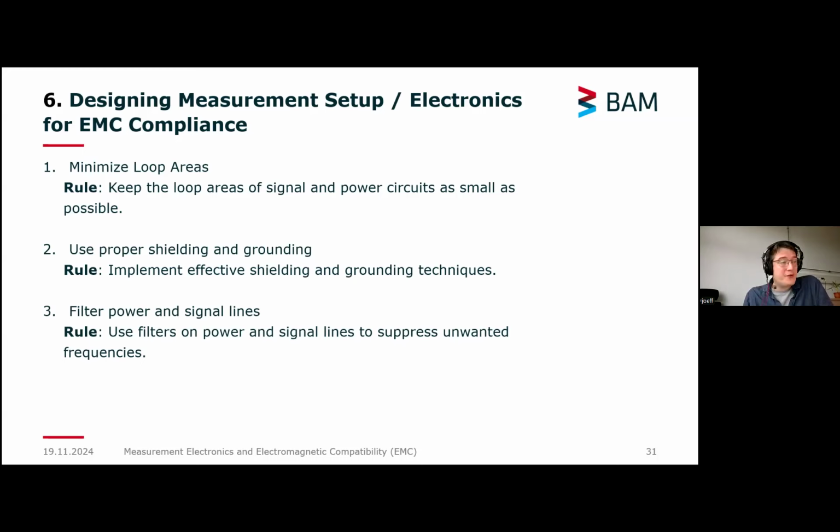I will tell you in a moment what that is. Keep the loop areas of a signal or a power line as small as possible. Use a proper shielding and grounding, something you have heard before. Implement the effective shielding and grounding techniques. Filter the power or signal lanes. The usage of different filters to get rid of unwanted frequencies or noises.